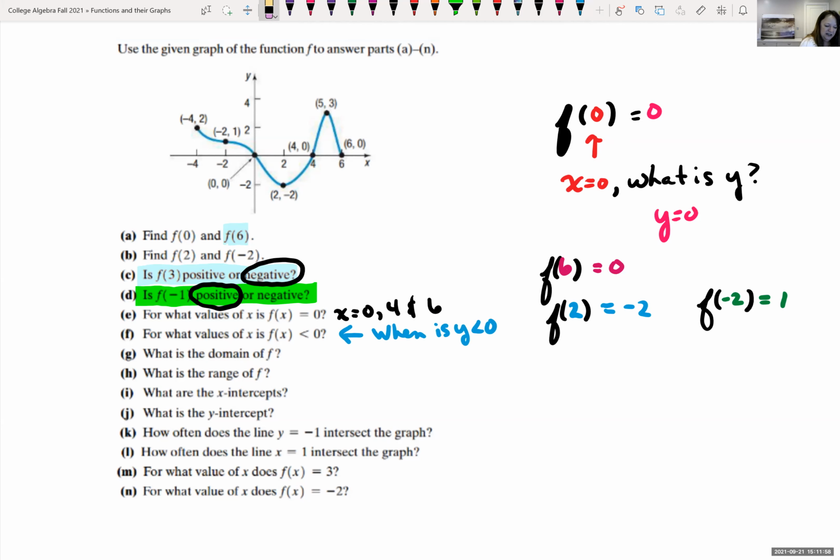This is starting at 0 for x and ending at 4 for x. And so in this piece, we're going to say that this is when x is bigger than 0, but less than 4.